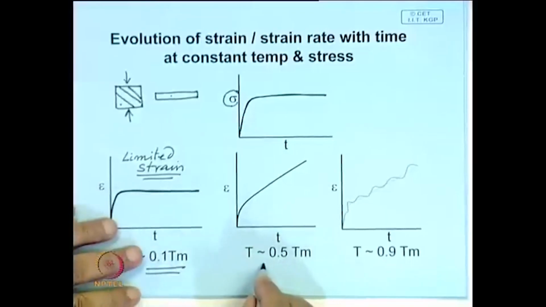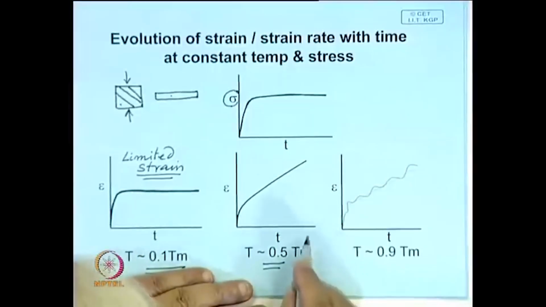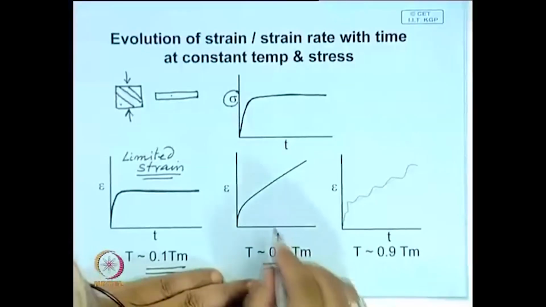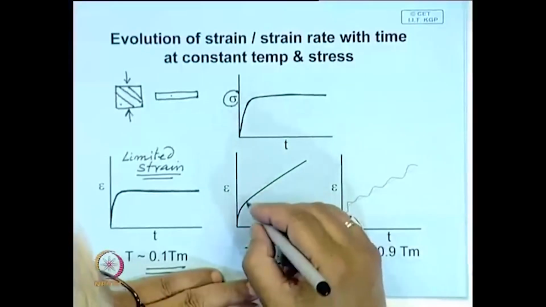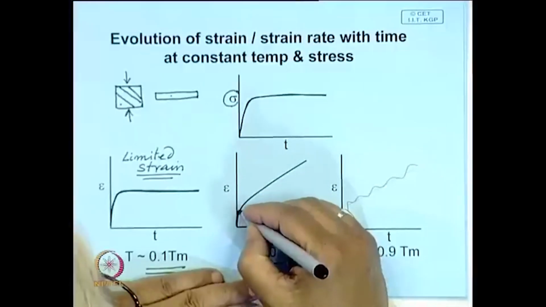But if you are deforming at a higher temperature, something like hot working, but still near the lower end of the hot working temperature range, here you will find there is a time dependent deformation; strain goes like this.